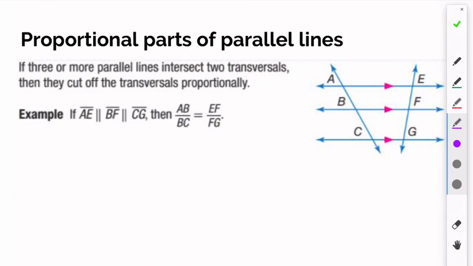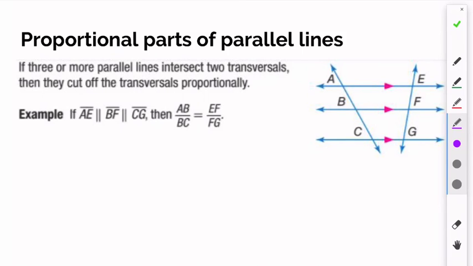Proportional parts of parallel lines. If three or more parallel lines intersect two transversals, then they cut off the transversals proportionally. Okay, so we have three parallel lines here cutting two transversals. They have to cut them proportionally.